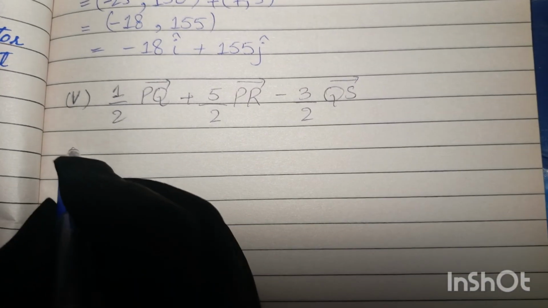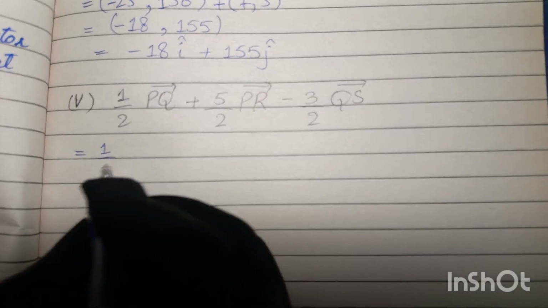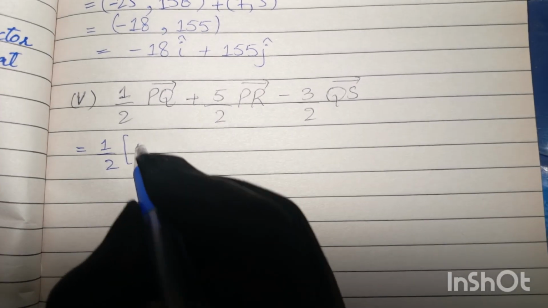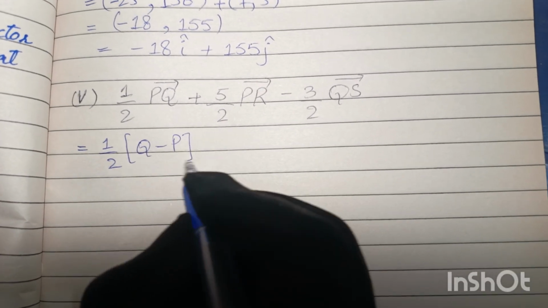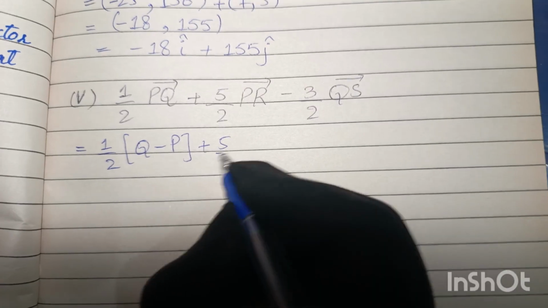And in the last part we will put values first. PQ means Q minus P, 5 by 2 as it is.